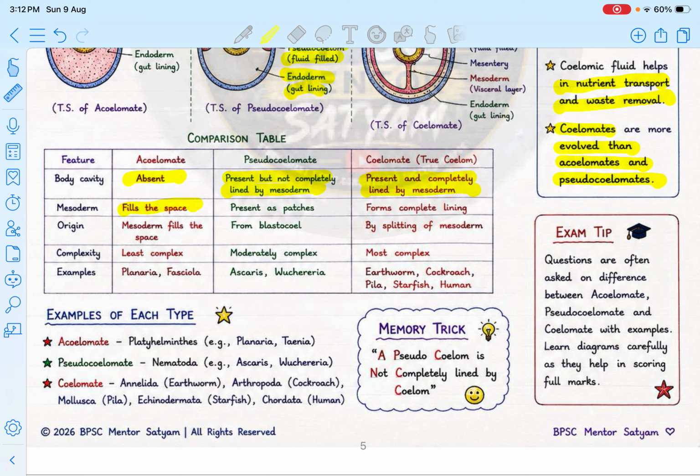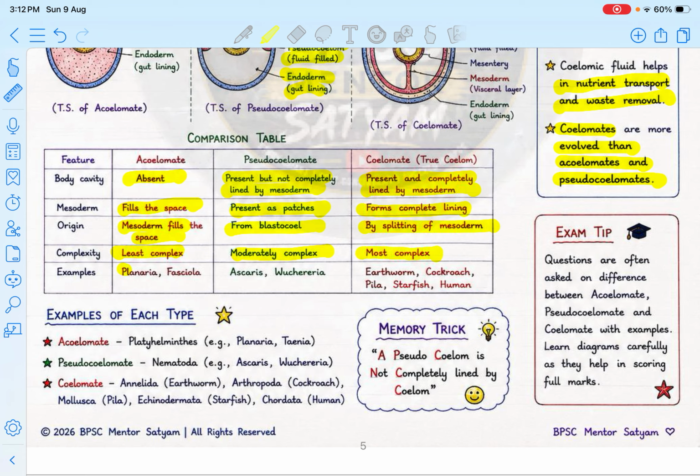It fills the space present and forms a complete lining. Now if I talk about the origin, the mesoderm fills the space from the blastocoel and by splitting of the mesoderm. At the complexity level, acoelomates are least complex, pseudocoelomates are moderately complex, and coelomates are most complex.